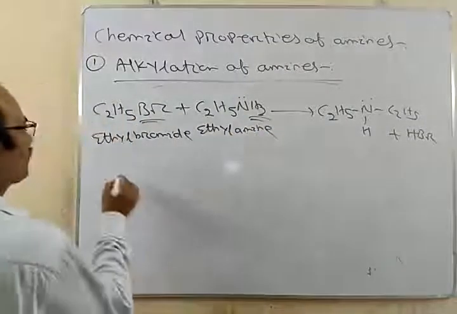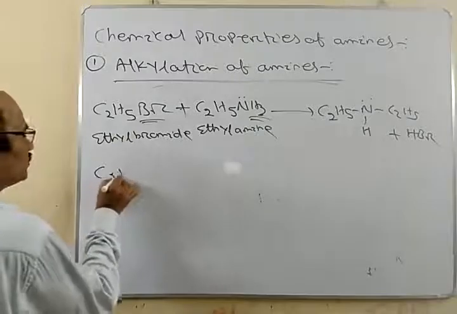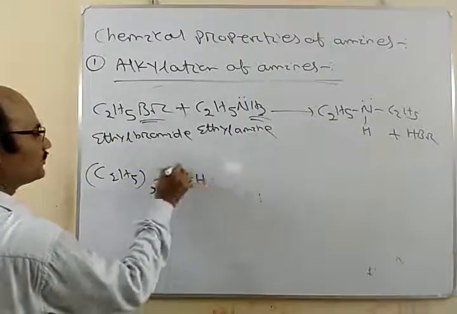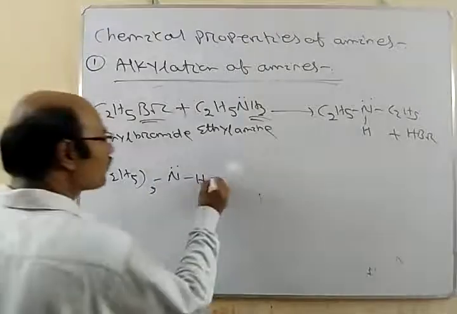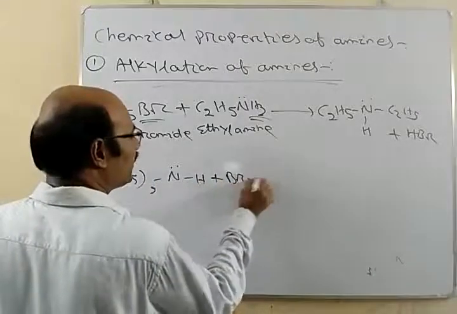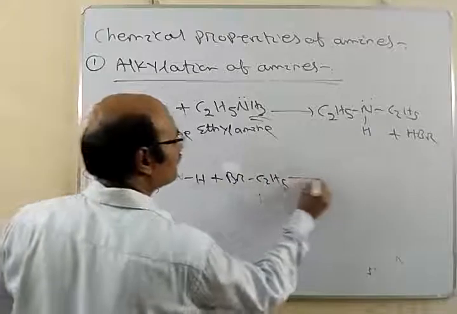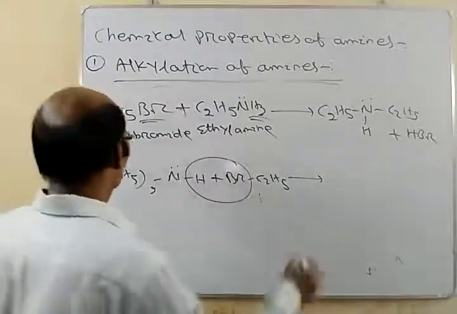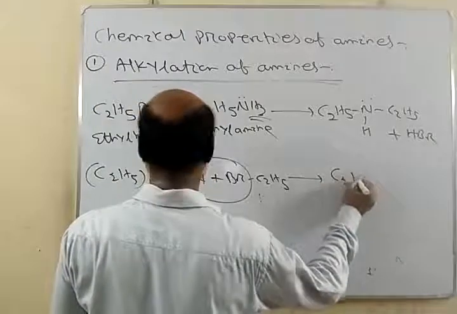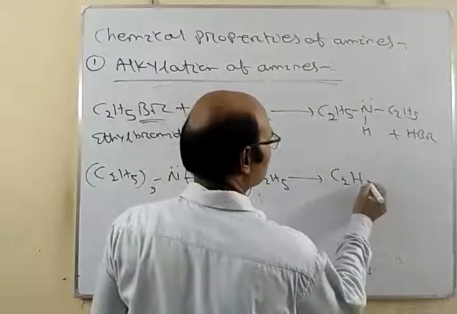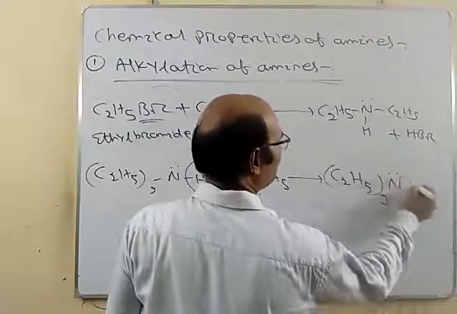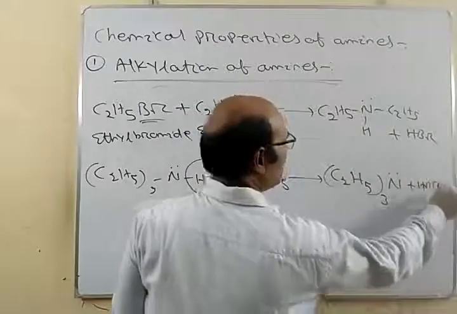Now again, (C2H5)2NH plus C2H5Br gives what? (C2H5)3N plus HBr.